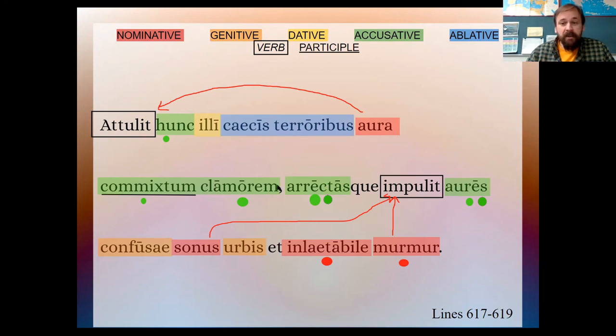Now this second clause is another one that's kind of backwards. I have accusatives before I get the subject, so I'm going to find out. The sound of a disordered city and a joyless roar struck his alert ears. Ooh. He's on the far end of the field chasing the enemy, but the breeze is carrying a sound to his ears. He hears his own city in a panic.